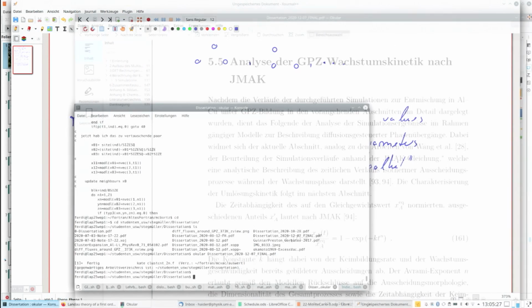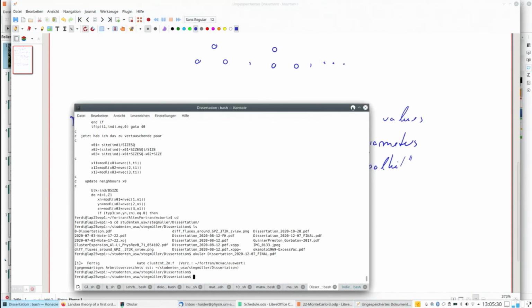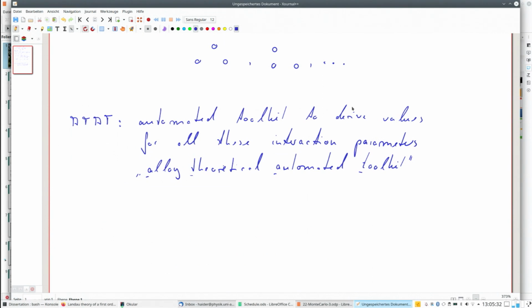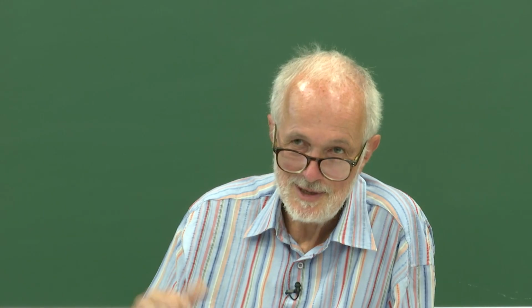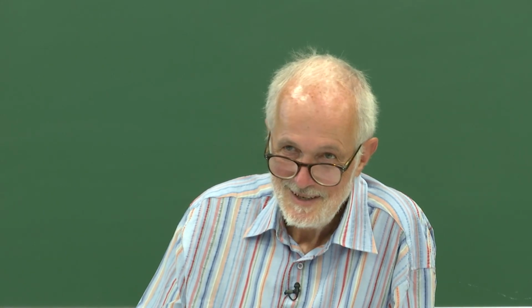But as I said, if there is interest, I could also say something in another talk about this cluster evolution algorithm. Okay, so this is this ATAT toolkit. It's really available, and you can download and install it and try to run it. I'm not an expert on this, but my student is still available. He can explain how to use it and which parameters are important and so on.